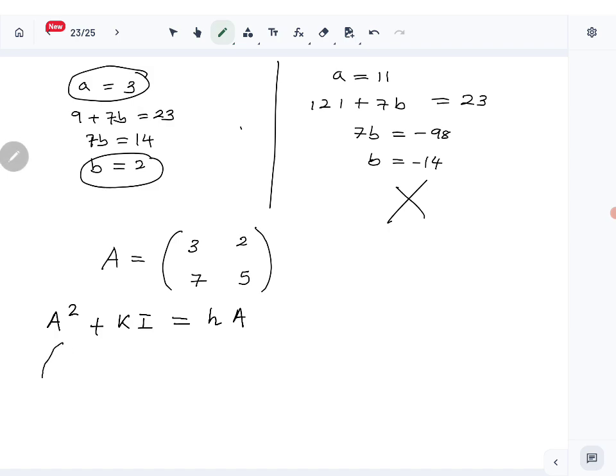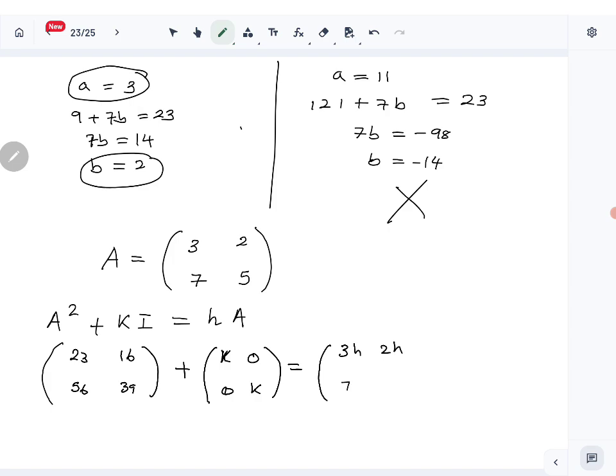So let's use what we know. A squared is 23, 16, 56, 39. kI means identity matrix, no? So k into I gives you k, 0, 0, k. hA means each term has to be multiplied by h. So 3h, 2h, 7h, 5h, right? So right hand side, let me add the two matrices together.